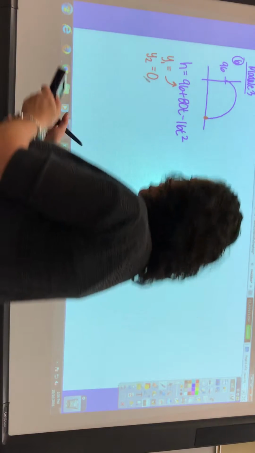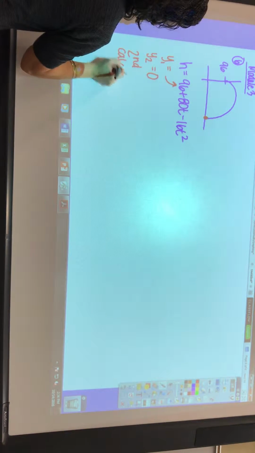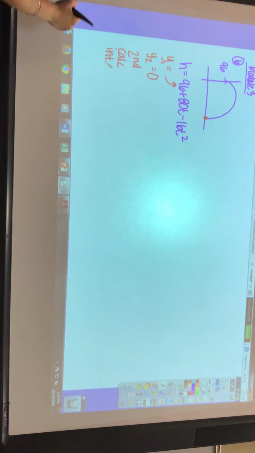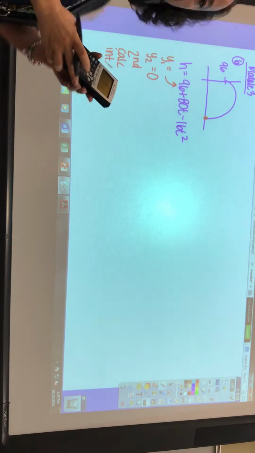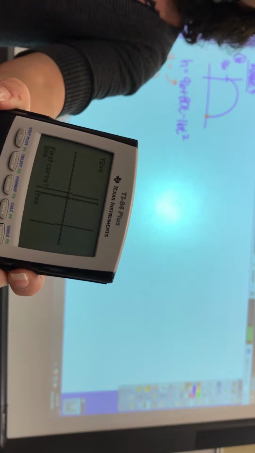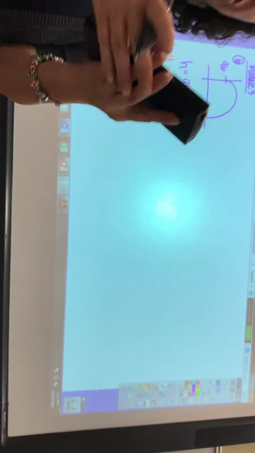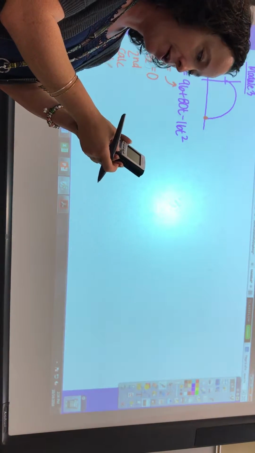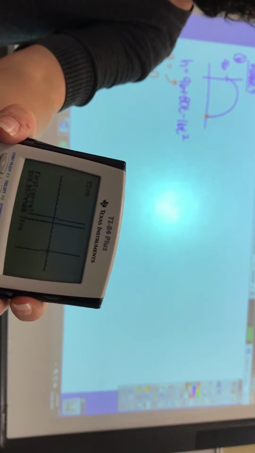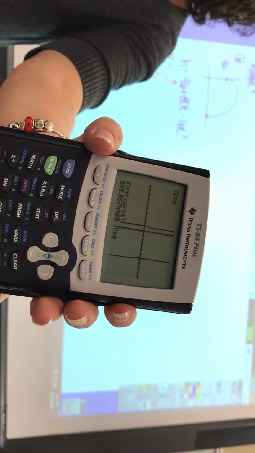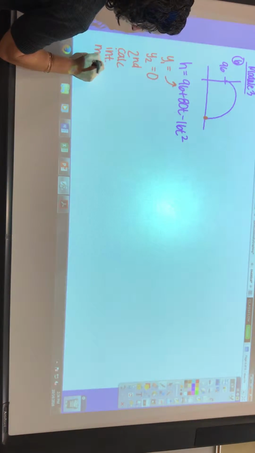So how do I do that? I hit second, calc, intersection. And then I hit the down arrow to get Blinky Man down to the x-axis, because sometimes you can't find him. Just hit the up or down arrow and you can find him. Then I hit the right arrow and scooch him over as close to that intersection point as possible. And then I hit enter how many times?